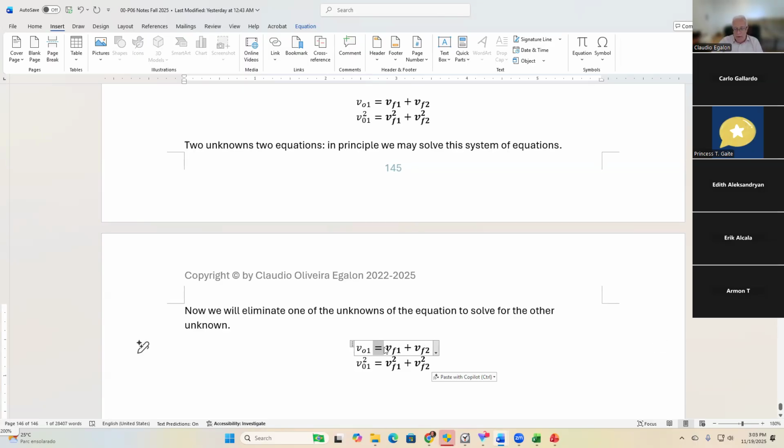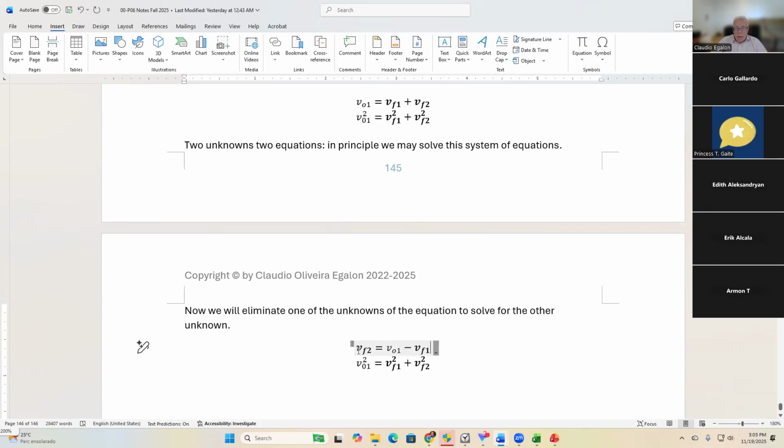I'm going to pass VF1 to the other side. It becomes a negative. And we write VF2 in terms of VF1. That's what I mean by eliminating VF2. I'm going to put VF2 on the left side of the equation, equal, like that.